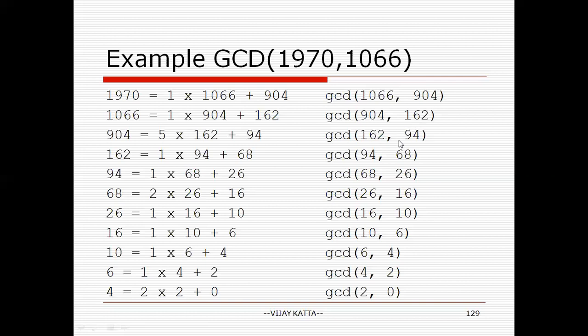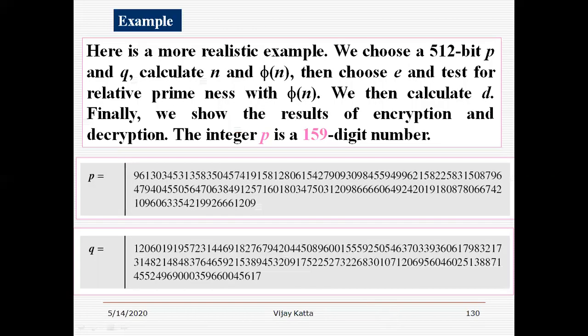Now for calculation of the right side value, we will divide 904 by 162, and we will take the remainder, that is nothing but 94. In this pattern we solve this one, and finally we will get GCD 2, 0. So the GCD is 2.